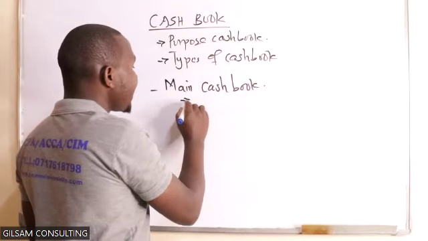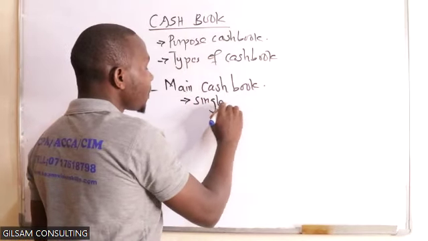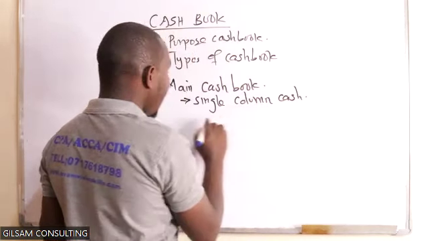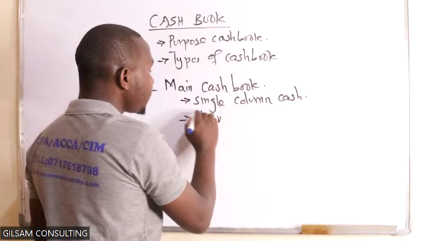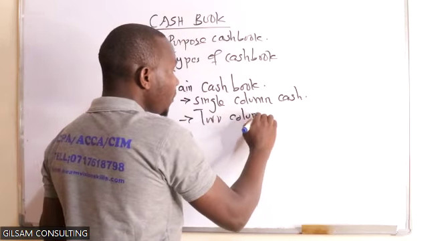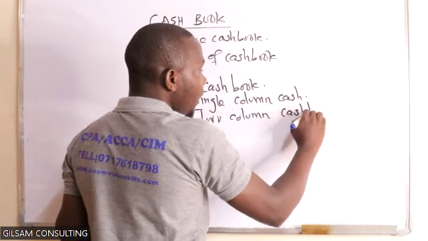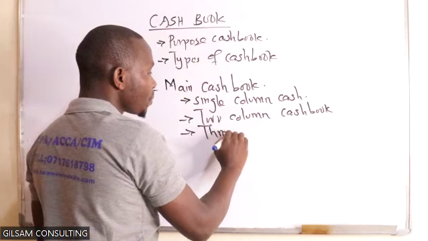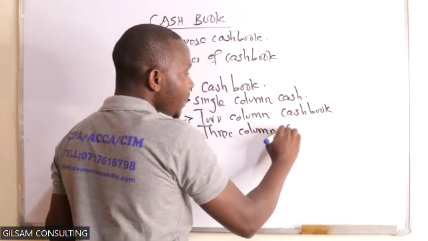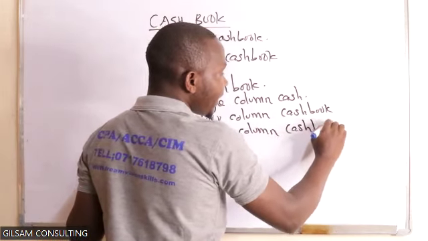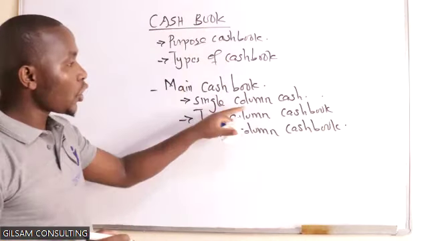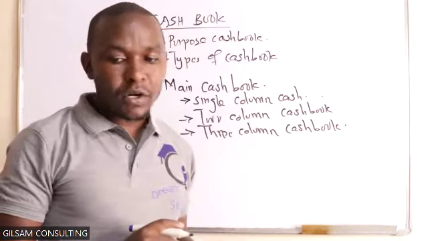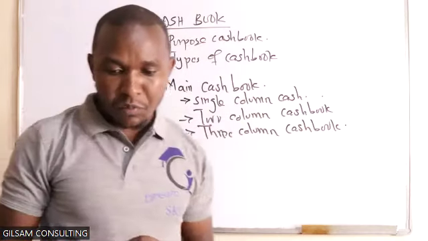So we have the single column cash book, and then we have the two column cash book, and then we have the three column cash book.